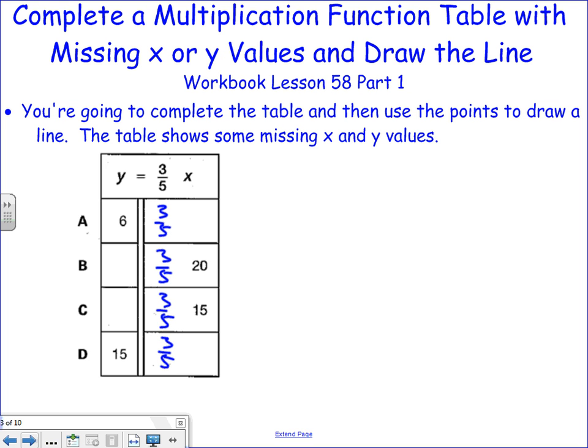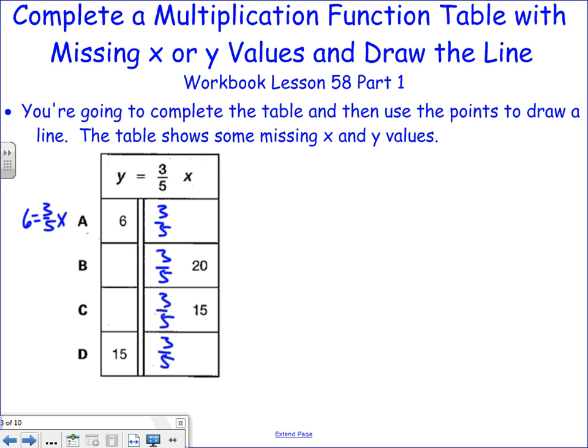Now you have to get your missing x or your missing y value, whatever happens to be missing. So for point A here, what we really have here is 6 equals 3/5 x. I'm going to give myself just a little bit more room there to work this. Okay, again, we have 6 equals 3/5 x.